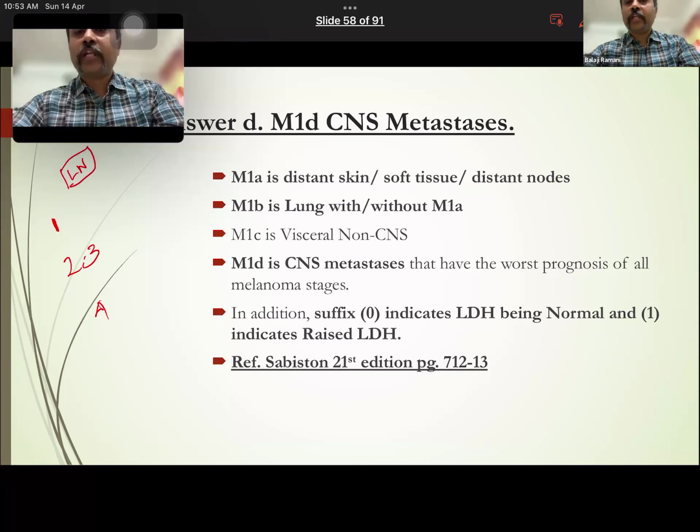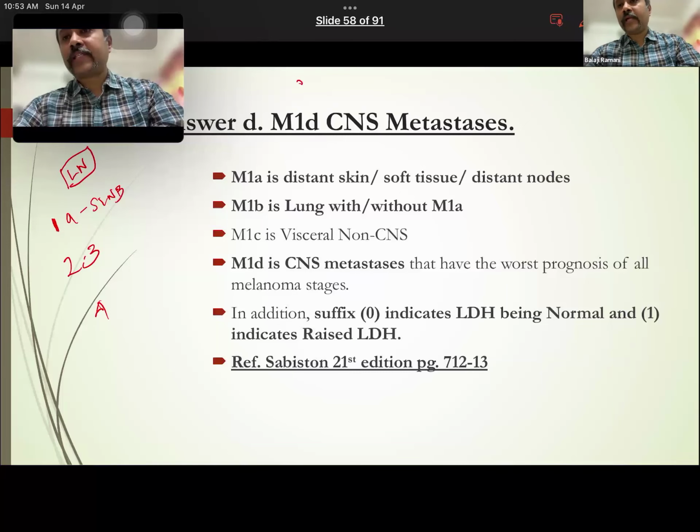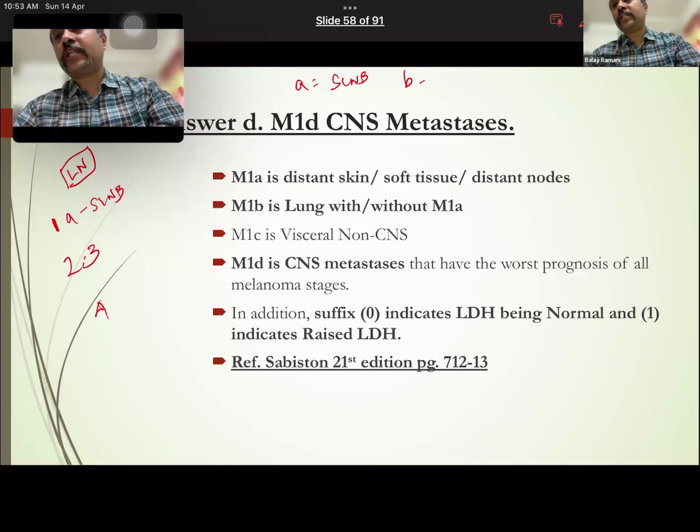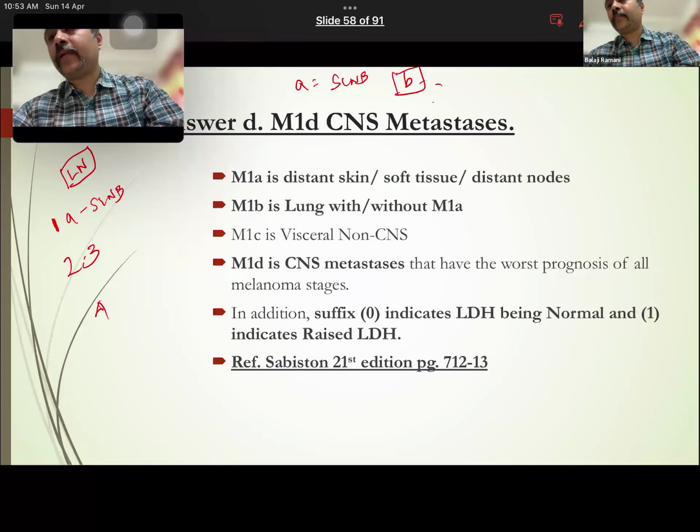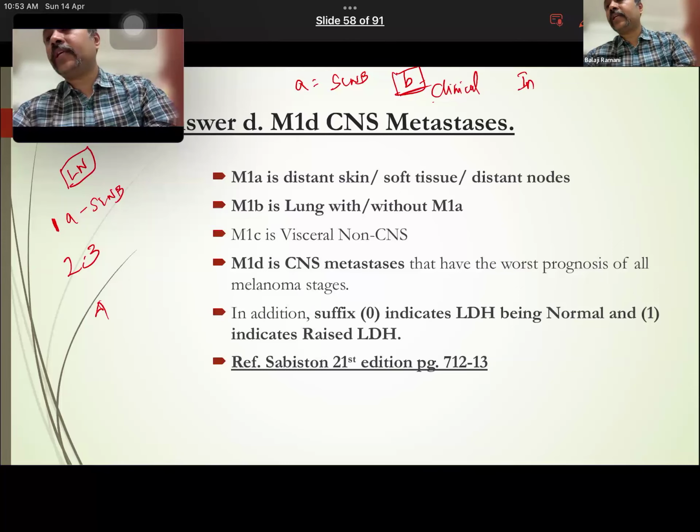And here, if it is only 1, 1A is going to be SLNB alone. As I already said, A means SLNB is present. Once clinical comes, then it straight away goes into the B category. Whenever you have a clinical node, it goes into the B category. And whenever you have an in-transit lesion, then it goes into the C category. Transit or satellite will go into the C category.